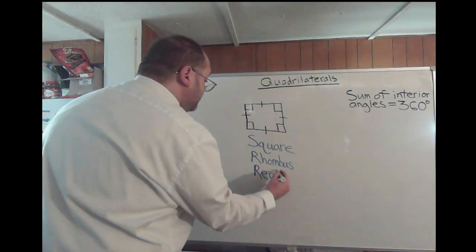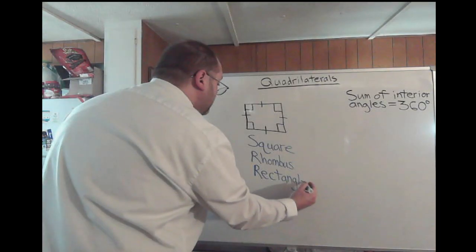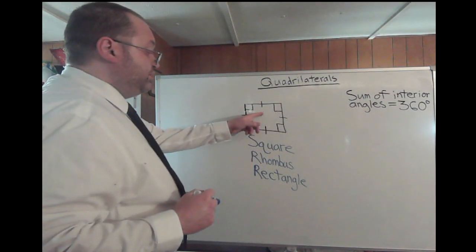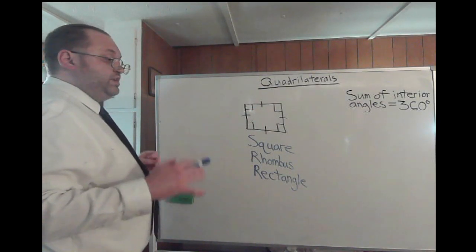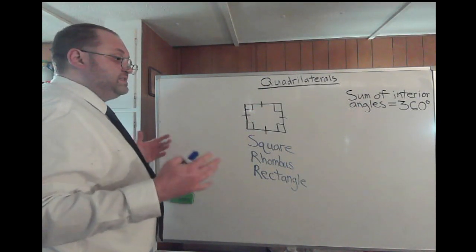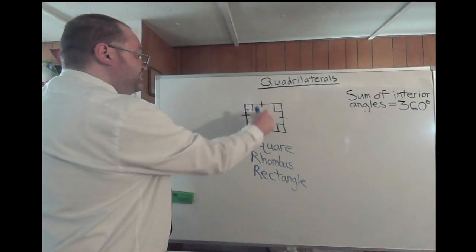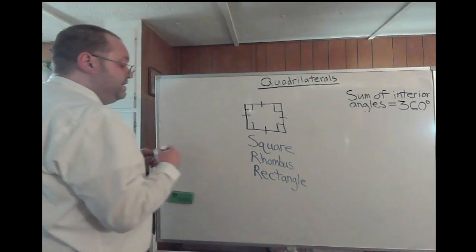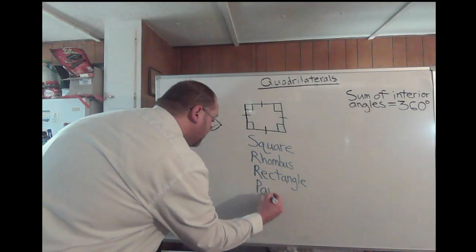We can certainly say it's a rectangle because it's a quadrilateral with 4 right angles, but it just so happens all 4 sides are congruent, where usually in a rectangle both pairs of opposite sides are congruent. All 4 sides are congruent, so it's definitely a rectangle, which would have to mean it's a parallelogram.